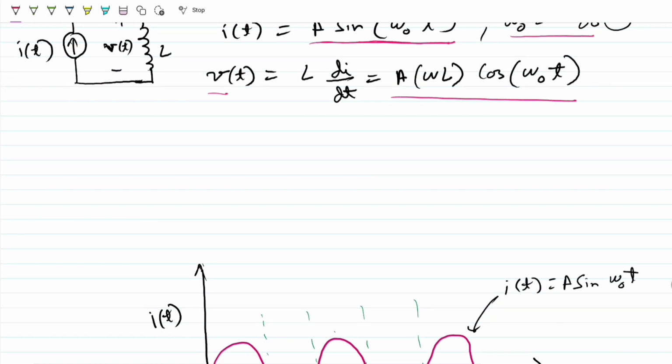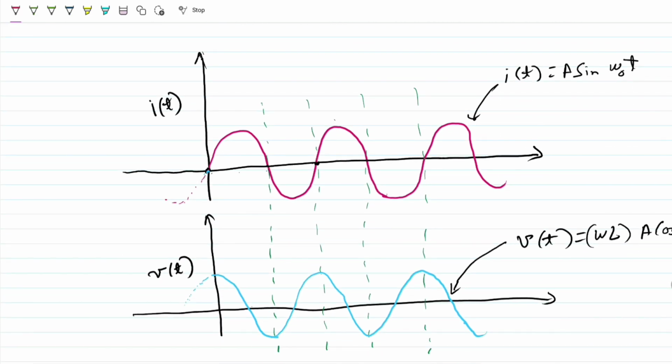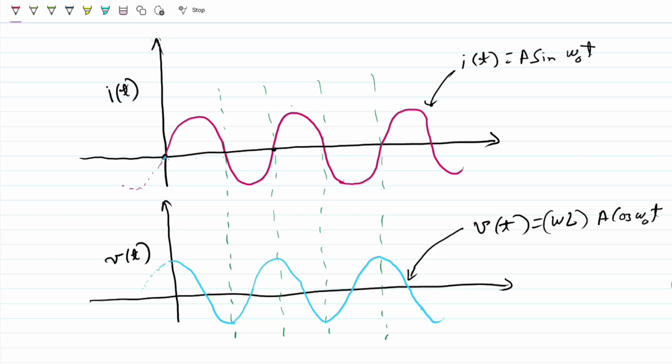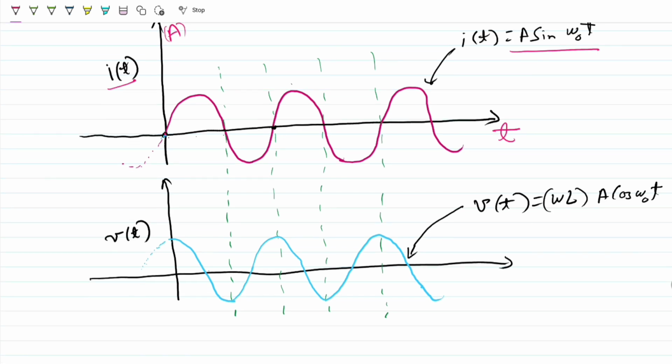We get some insight if you look into how this waveform looks. This current I of t equal to A times sine of omega naught t is sketched here. On the x-axis is time, and on this axis is the current, say in amperes. And in the bottom plot, the voltage across this inductor, omega L A times cos omega naught t, is also sketched.